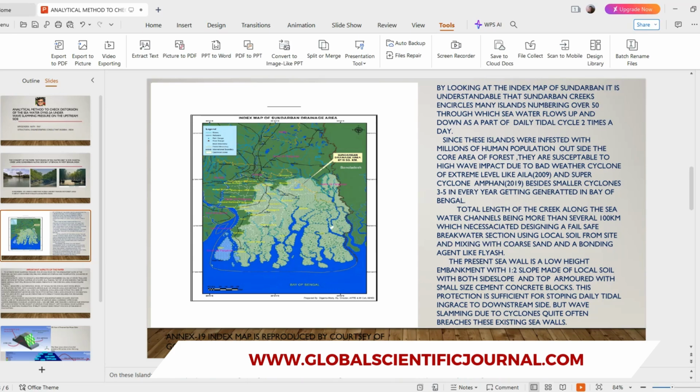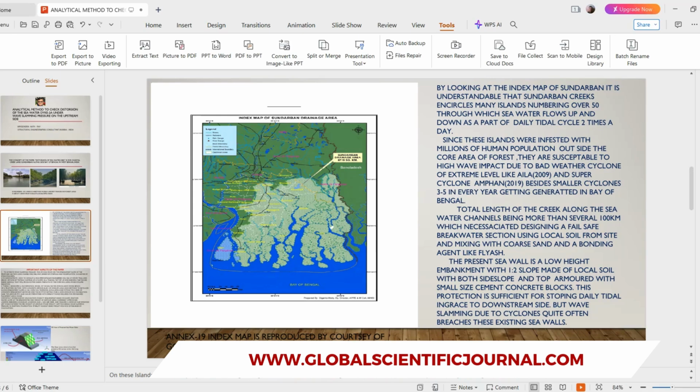Outside the core area of the forest, they are susceptible to high wave impact due to extreme cyclones like Aila, which happened in 2009, and super cyclone Amphan, which happened in 2019. Besides, 3 to 5 smaller cyclones get generated every year in the Bay of Bengal area.